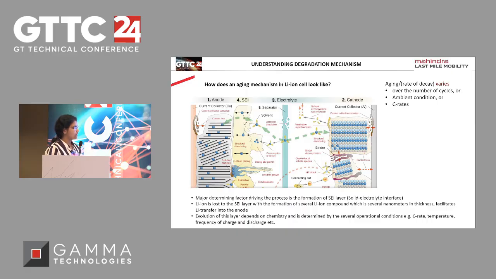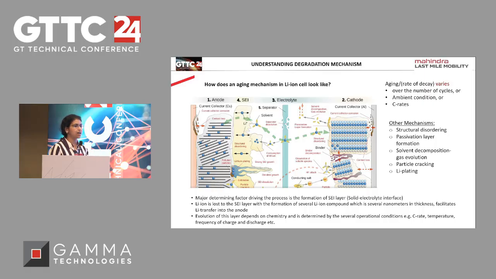Along with that, we have many other degradation processes like structural disorientation, passive layer formation, lithium plating, etc., and we are not able to understand at which stage these processes set in, or how each of the processes starts working within the cell.